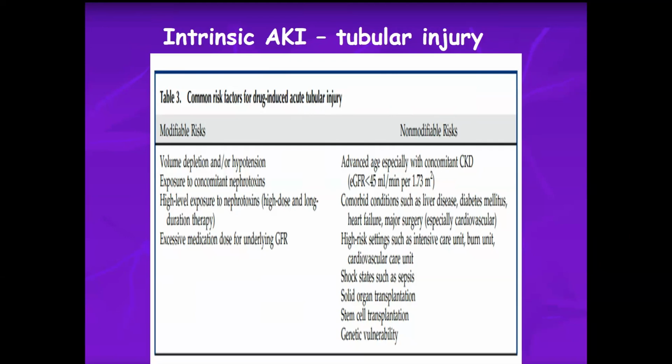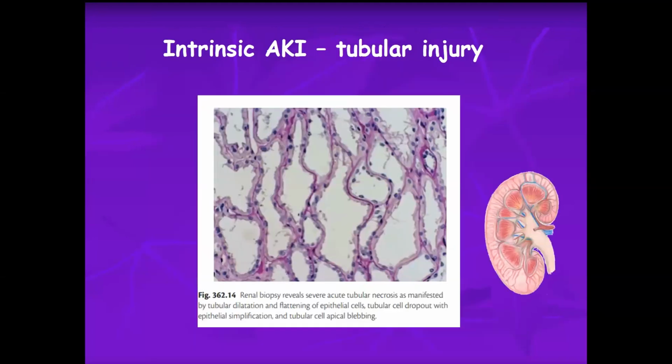Non-modifiable risk factors obviously include the age of your patient, what's your underlying chronic kidney disease status, obviously shock status such as sepsis, solid organ transplantation, stem cell transplantation, and of course there's a genetic vulnerability for these patients to having tubular injury from certain treatment drugs.